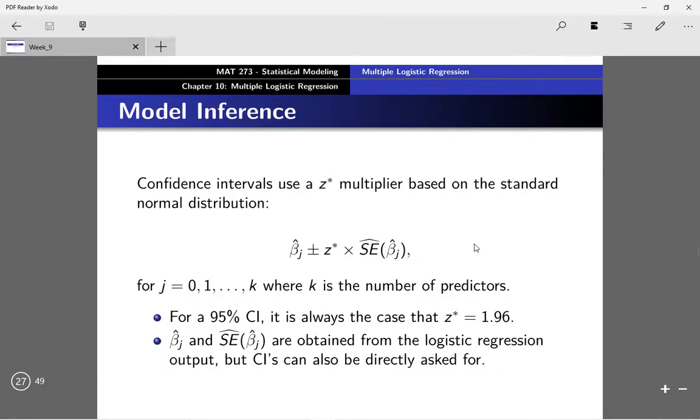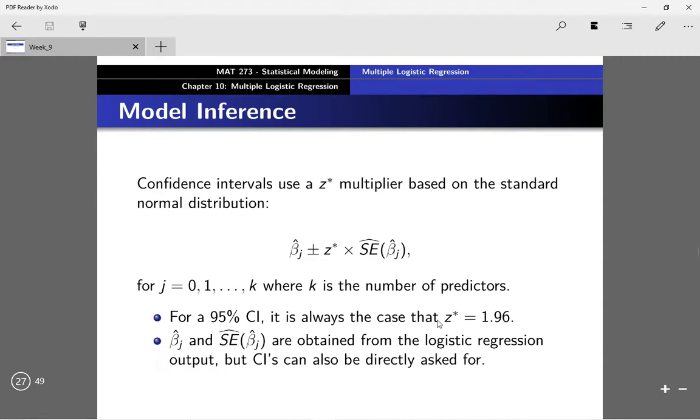People, not too long ago, even when I took intro stat, maybe like 7 years ago, we would look these z-star and t-star values up in tables, because that's how they did it back in the day. They just had giant tables with these values in it. But now we can calculate it just like that using R. So stuff's changing all the time for the better.